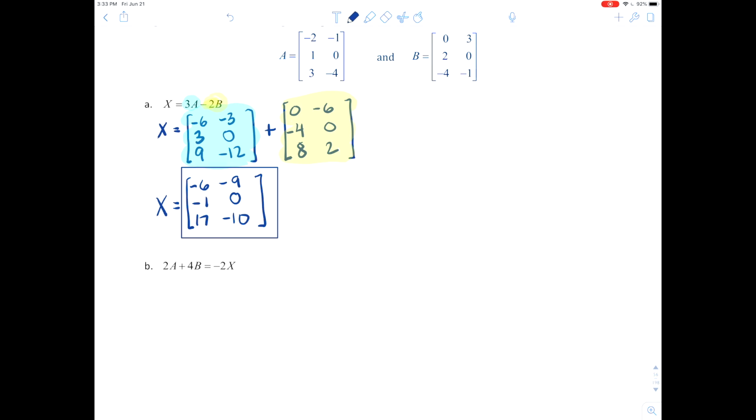Next up, we have 2 times A plus 4 times B is equal to -2 times X. First of all, this is reflexive, so we can just say that -2 times the matrix X is equal to 2 times the matrix A plus 4 times the matrix B, getting the matrix X on the left side. Now what could I do? I could multiply both sides by -1/2.